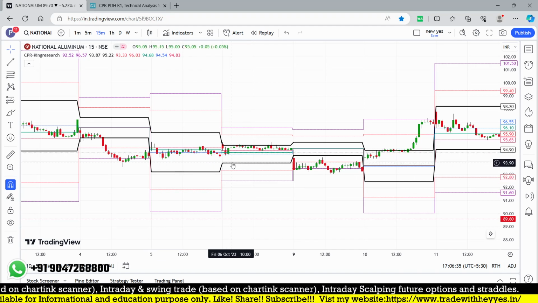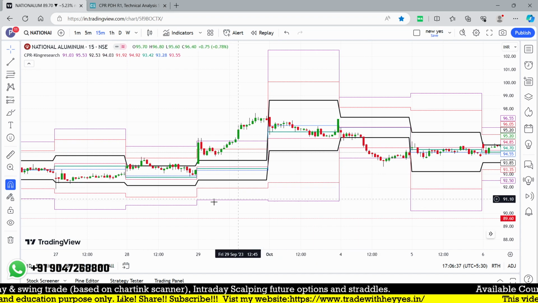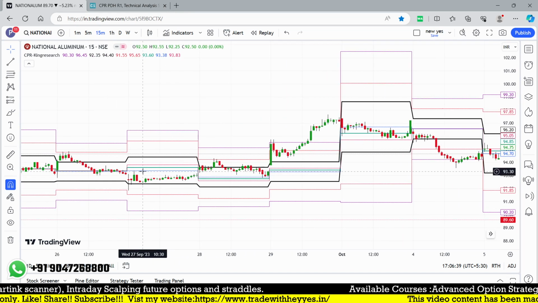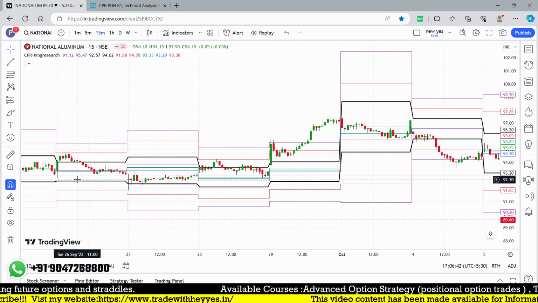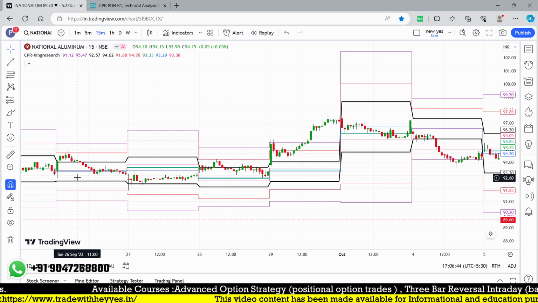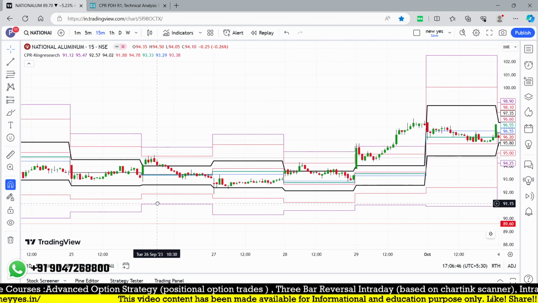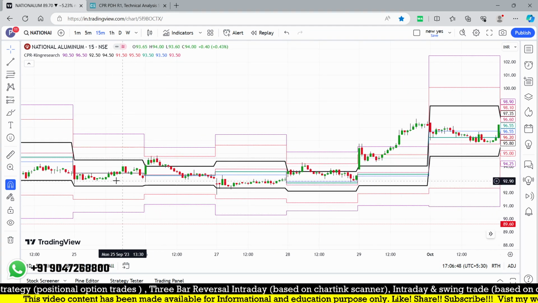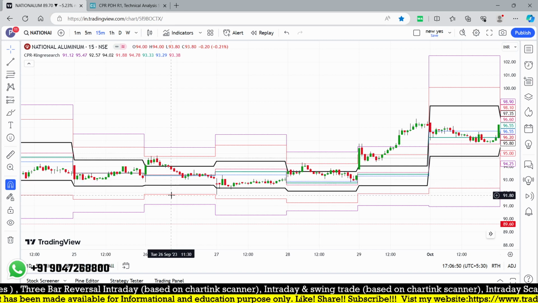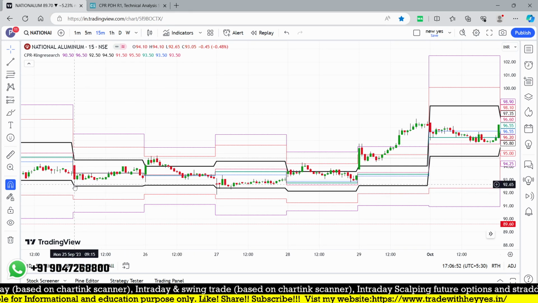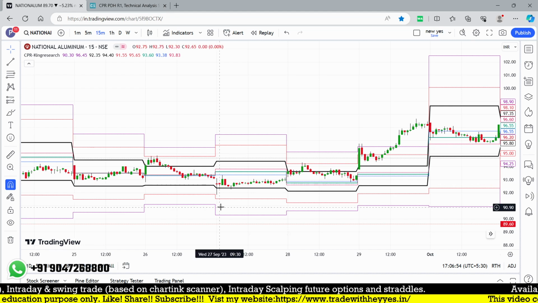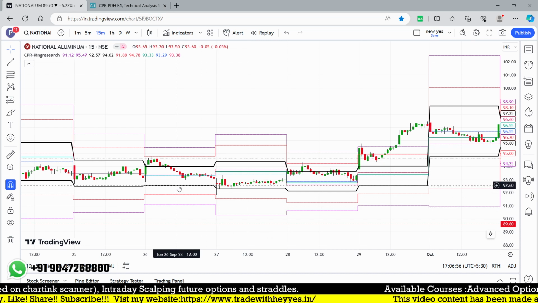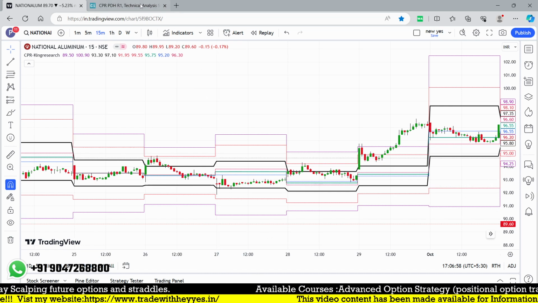This low should be on 25th here. This low here is slightly higher on 25th. This low should be equal to the particular support one. So 92.65. This day is exactly 92.65. Mostly the same stocks.